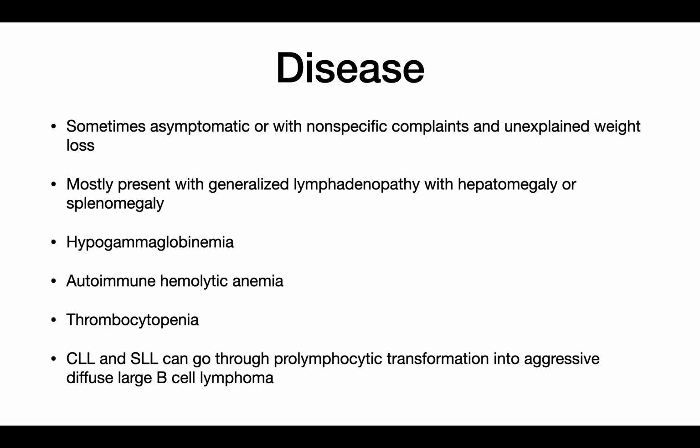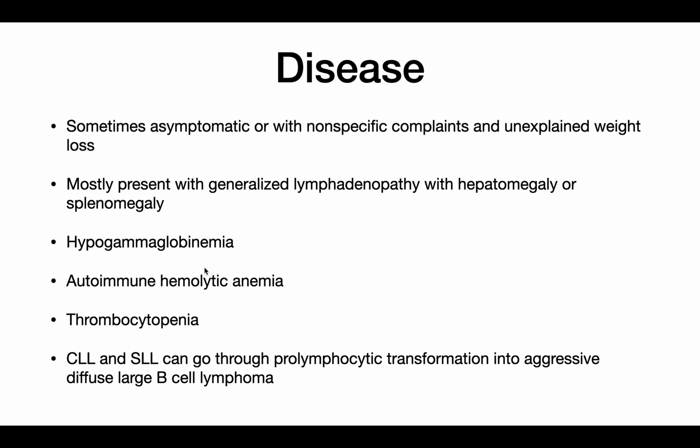So sometimes the chronic lymphocytic leukemia can be asymptomatic, or they present with a lot of non-specific complaints like fatigue and fever and rash, along with unexplained weight loss. Most of the time, luckily enough, there are some generalized symptoms such as the lymphadenopathy, along with hepatomegaly or splenomegaly.